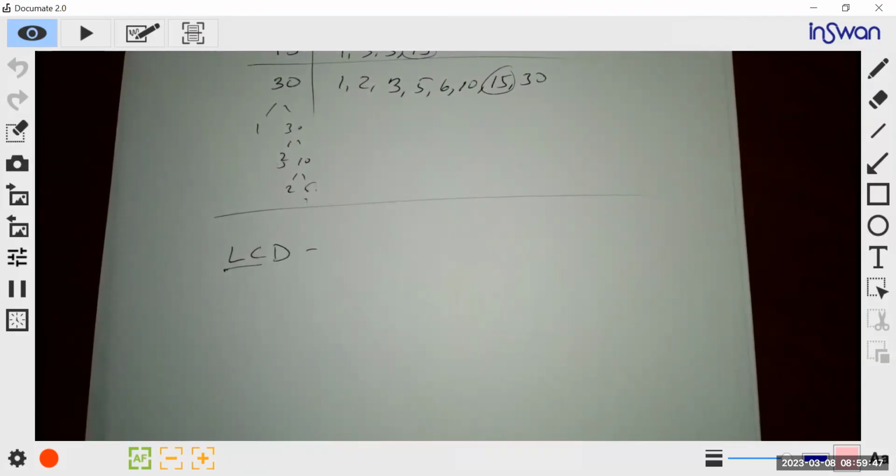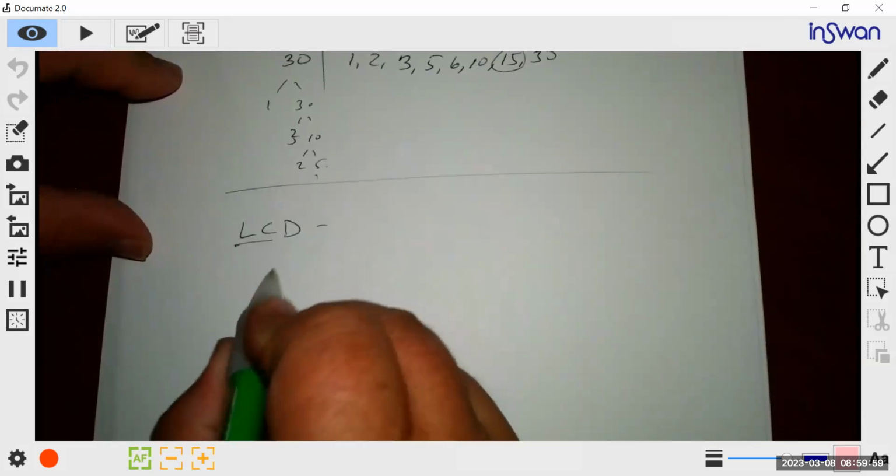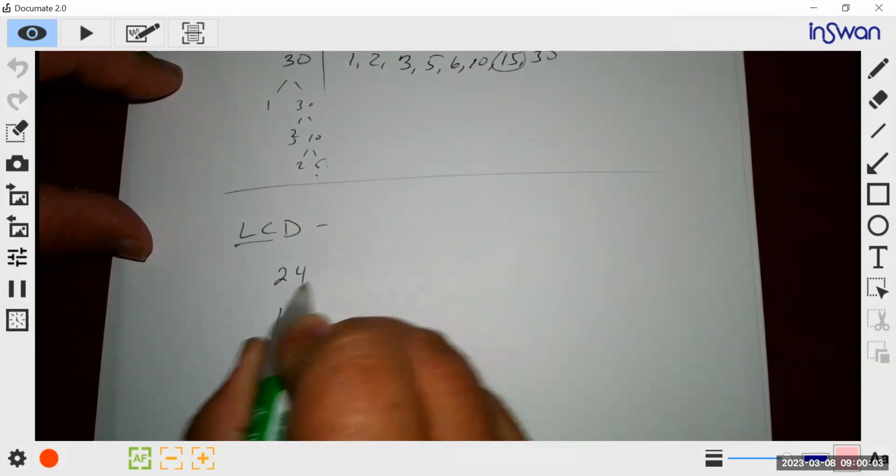It's what's the smallest number that both of these numbers fit into? For example, 24 and 16.